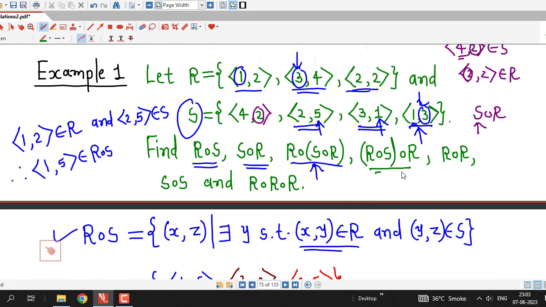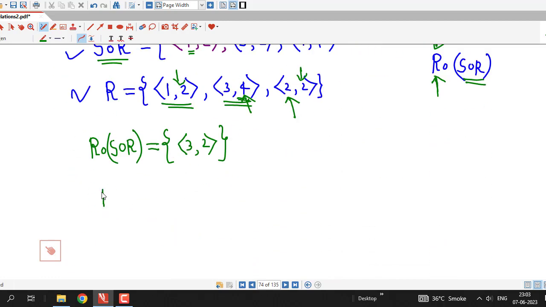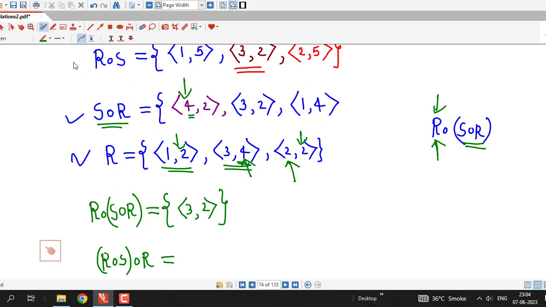Next one is R composite S composite R. So I have to find R composite S composite R. This means I have to concentrate on the composition of R composite S and R. R composite S is written first.